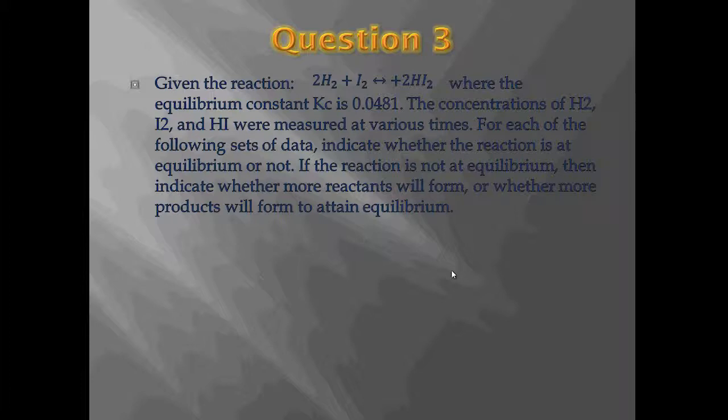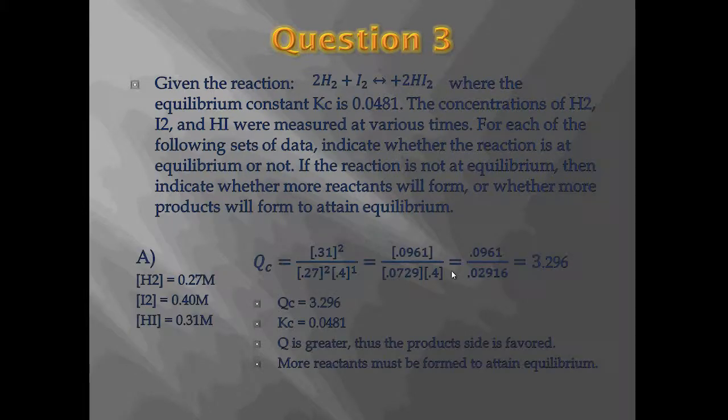If the reaction is not at equilibrium, then indicate whether more reactants will form or whether more products will form to attain equilibrium. Part A. H2 is 0.27, I2 is 0.4, and HI is 0.31.